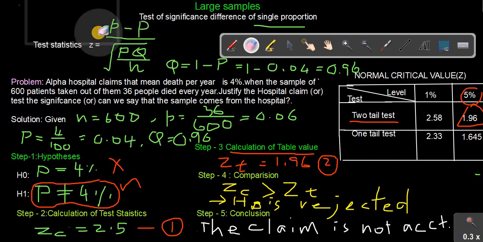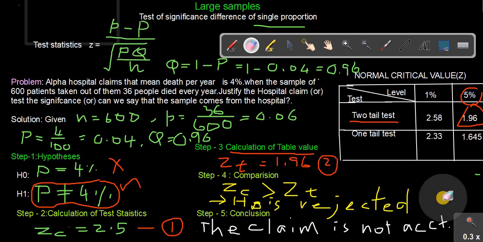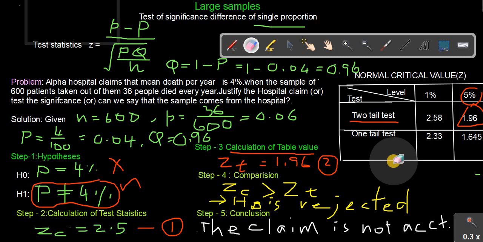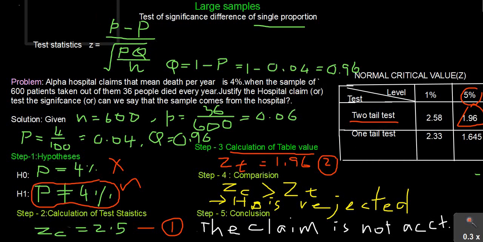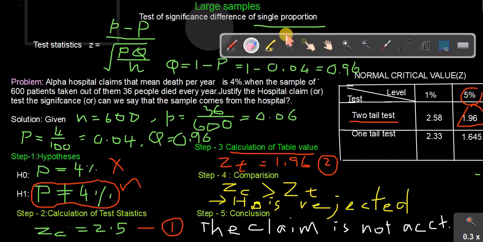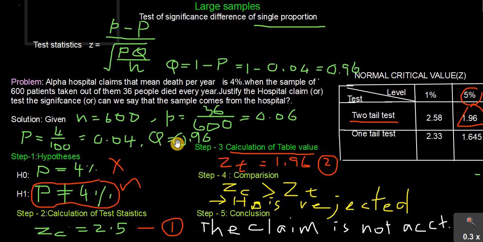In this particular problem that we have been discussing for nearly 30 minutes, a large sample is given to us and we have to test a single proportion of the population, finding the significant difference.